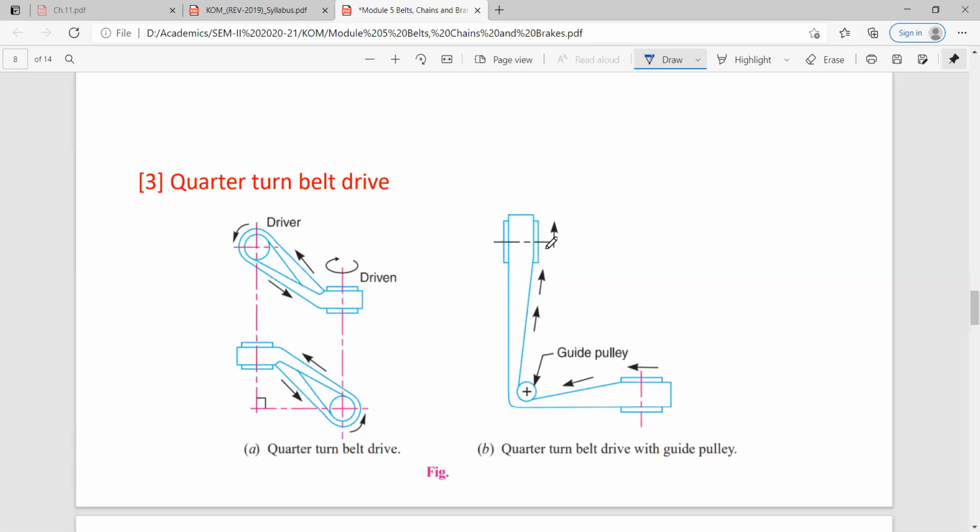You can see that is the plane of paper, the plane of your screen here. Both are in the same plane, but here this shaft is in the plane of the screen and this one is perpendicular to the plane of the screen. So with the help of a guide pulley, you can properly guide the belt in order to transmit the power for the given layout.